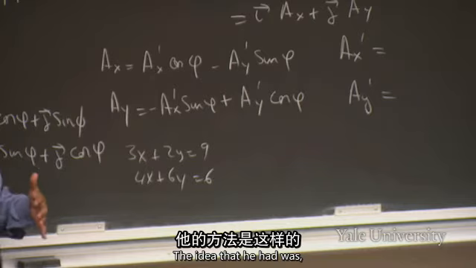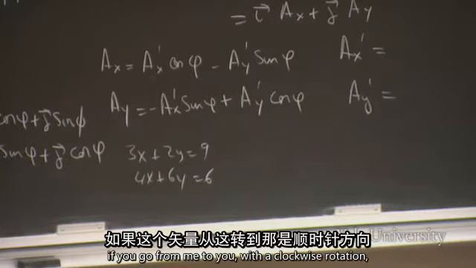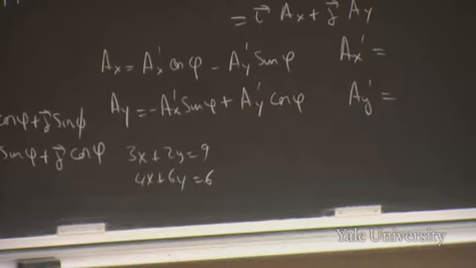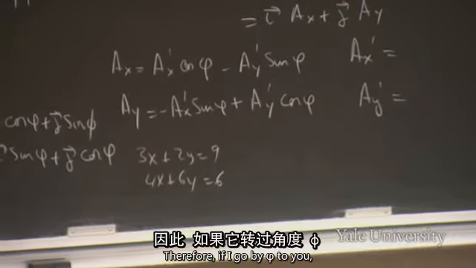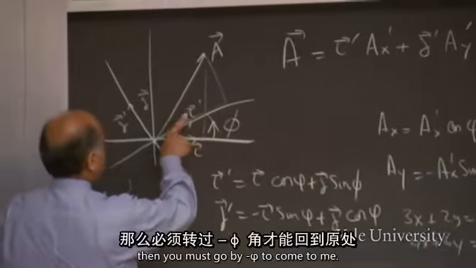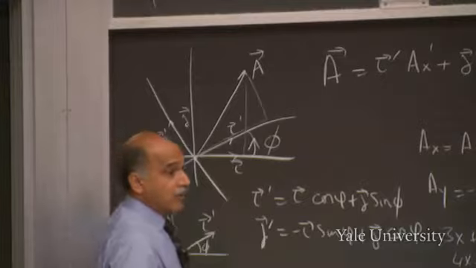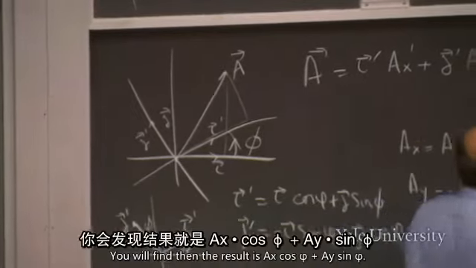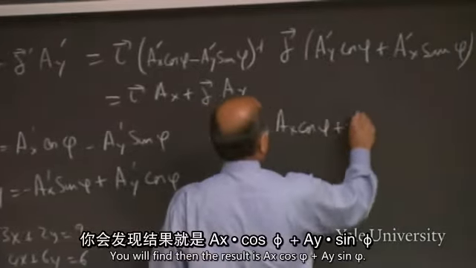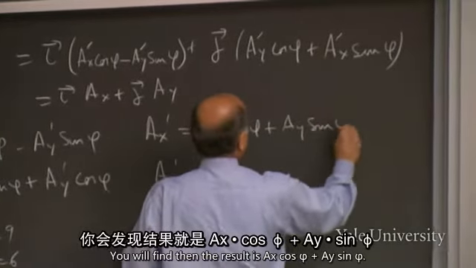And the idea that he had was, if you go from me to you with a clockwise rotation, you go from you to me by a counterclockwise rotation. Therefore, if I go by phi to you, then you must go by minus phi to come to me. That's correct. So you will find then the result is a x cosine phi plus a y sine phi.